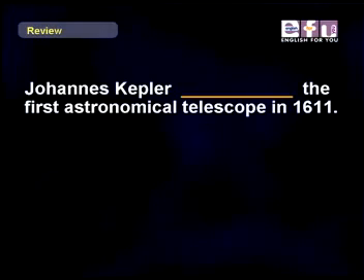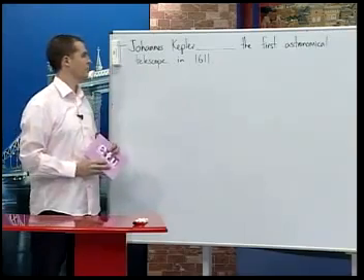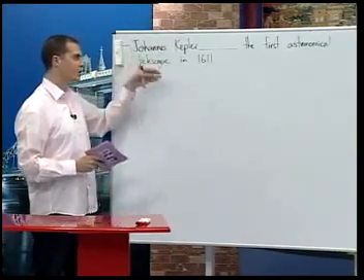Johannes Kepler, something, the first astronomical telescope in 1611. A long time ago now. Now you have to change it to the passive. Okay, that's not difficult. The first astronomical telescope was invented by Johannes Kepler in 1611.